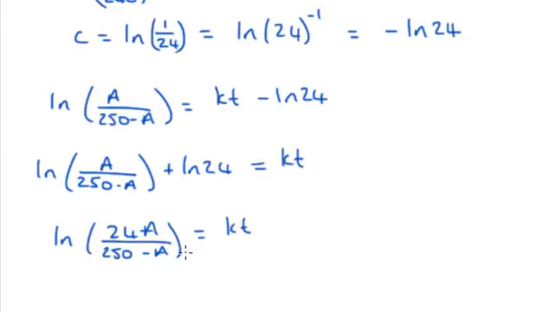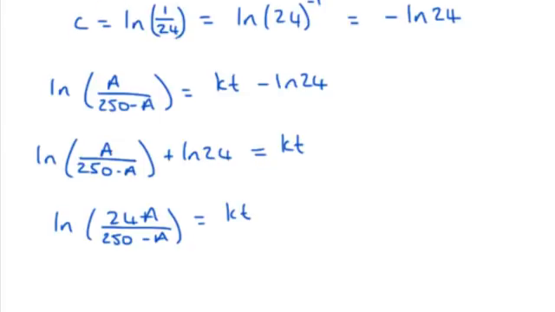Now the reason I've done all that is because we know we need to make the equation A equals something. And having it as a single log like this will allow us to now reverse that log and bring in some e's.